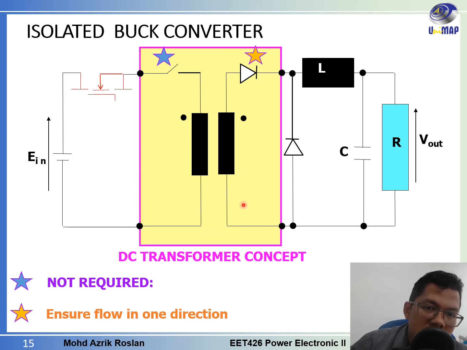So for the DC transformer, the most important things you must have are the switch, and also the diode at the secondary side to ensure that the current flows in one direction. But in our case, because we want to put it in the isolated buck converter, we can remove this switch, because we already have the switch here.